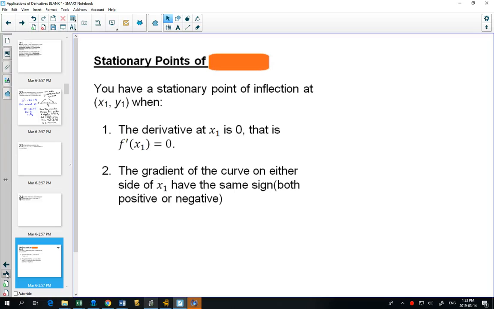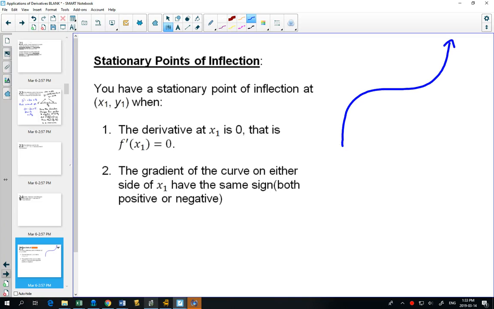Stationary points of inflection. We have a stationary point of inflection. So what happens here is like the x cubed graph, where if you drew a tangent, it is equal to 0.